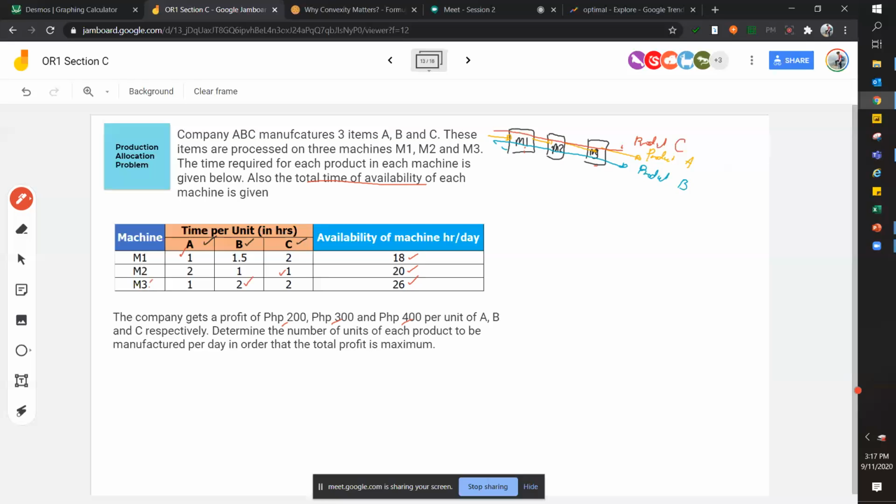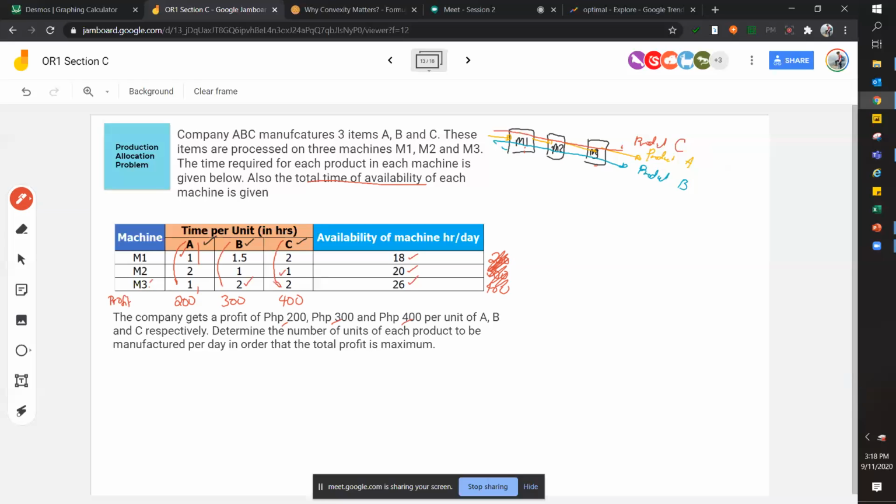Okay na ba? Ilagay ko muna dito yung profit para kompleto yung table natin. So, paano yung itsura niya? Ito si product A, katapat niya 200. Tama ba yung format ko? Or dito ako ilalagay yung 200? Which one is correct? Anyone? Nasa baba. So, ito hindi. Kasi, ang pinag-uusapan natin ay ito.